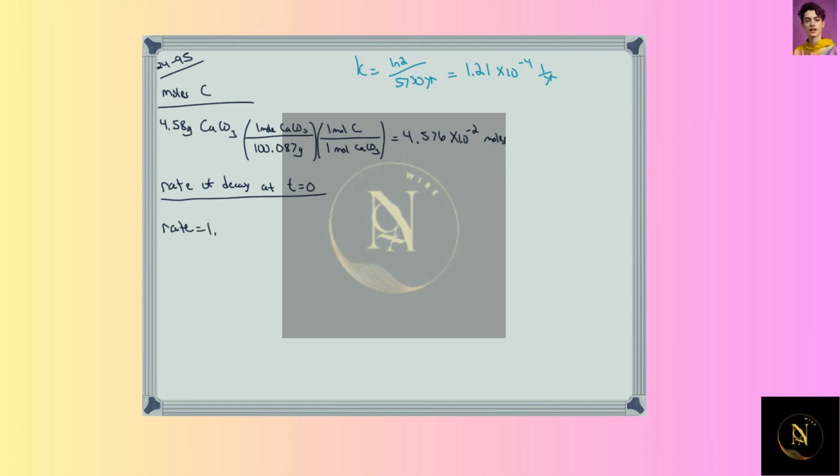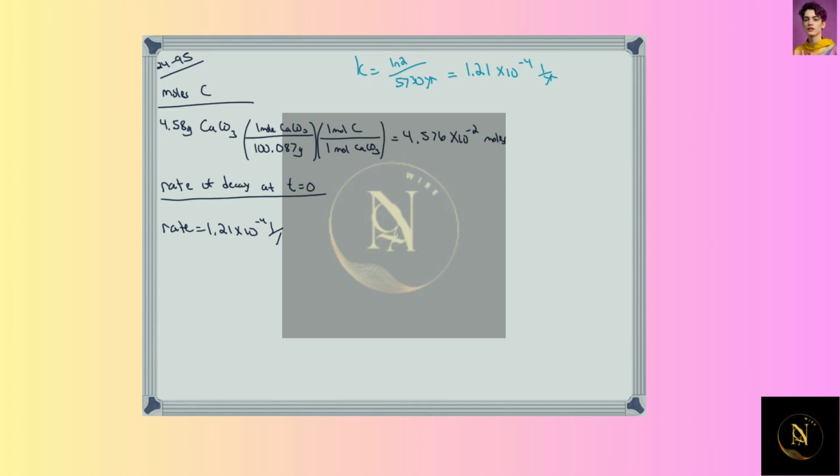Rate, then, is equal to the decay constant multiplied by the number of radioactive nuclides, or the number of carbon-14 nuclides. The decay constant that we calculate up here is in units of 1 over years, but ultimately we want a rate that has units of what are found in the problem of decays per minute.